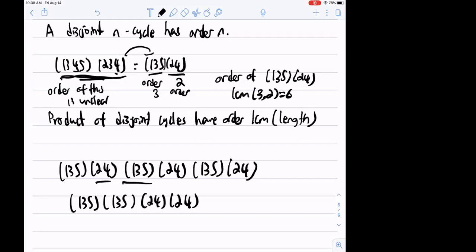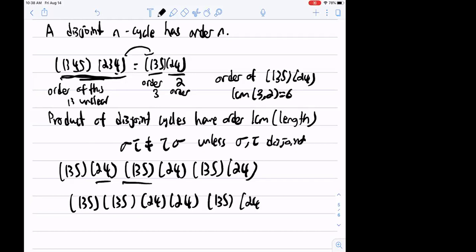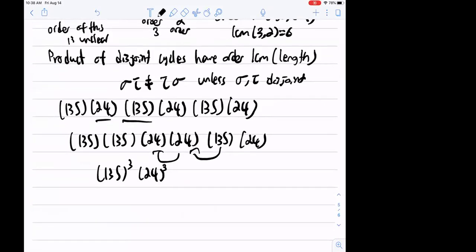In general, sigma tau is not equal to tau sigma unless sigma and tau are disjoint. Same thing: I have (1 3 5)(2 4). I can swap this and then swap again, and then I get (1 3 5) cubed and (2 4) cubed. But the problem is (1 3 5) cubed is the identity, and (2 4) cubed is (2 4), because (2 4) squared is the identity.